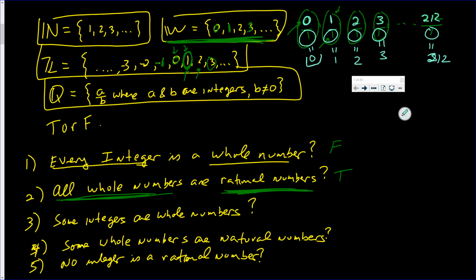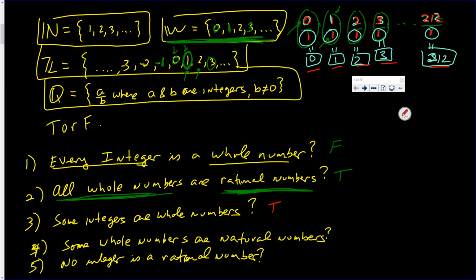I was able to write each and every one of these whole numbers that I listed as a rational number. They're still equal to the same starting numbers, and they are now rational. So yes, this is true.